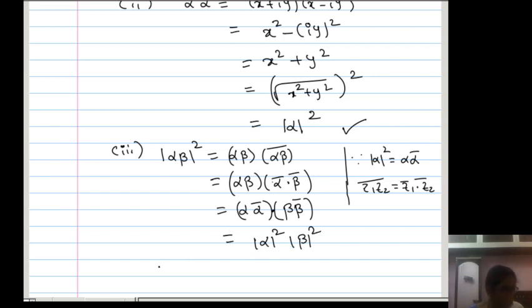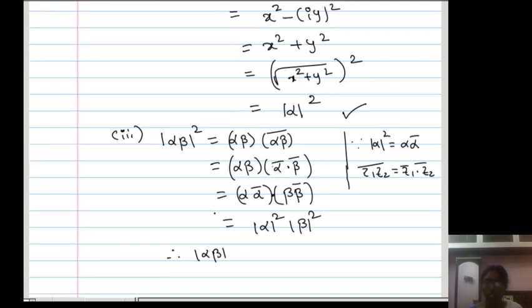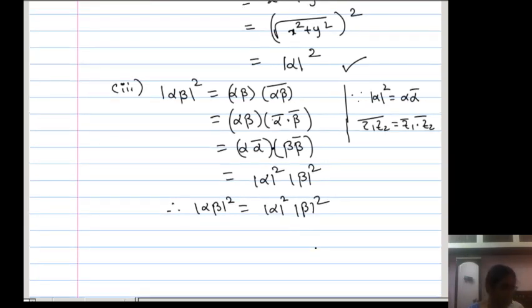Now finally my conclusion is that mod alpha beta whole square is mod alpha square into mod beta square. This is our required step. From this directly I can write mod alpha beta is equal to mod alpha into mod beta.